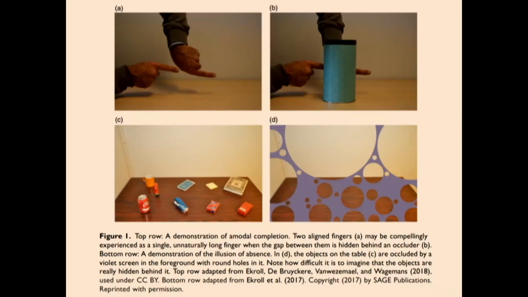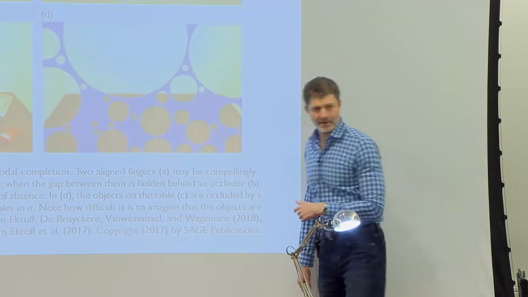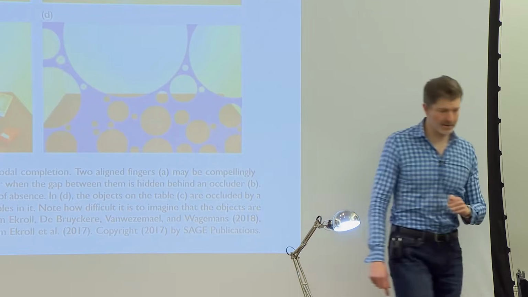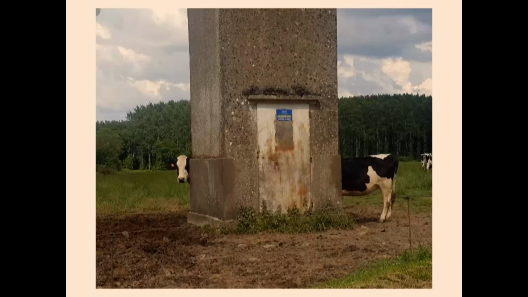Here, this is a case where there's a bunch of objects on the table. They're coincidentally covered up by this purple thing, and so it looks like there's a continuous table behind the purple thing. This is a really long cow.